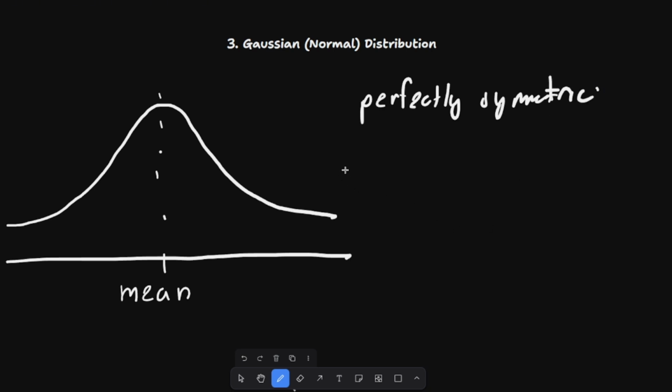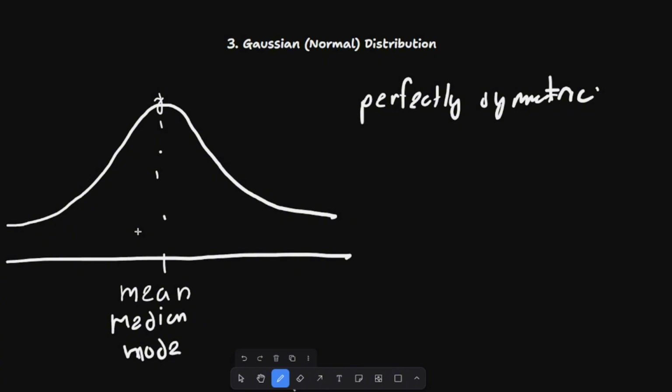And one thing you really need to know about this is that the mean and the median and the mode are all at the center. So this area right here is exactly where the mean, median, and mode lie. And the importance of this curve is it describes so many natural phenomena.